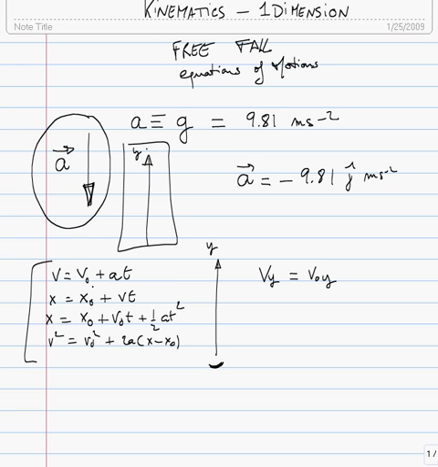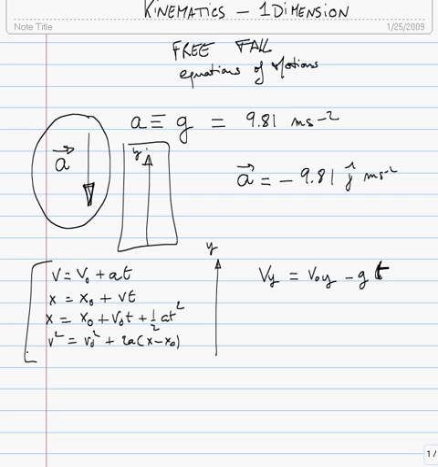Whenever I see a, since I'm using a coordinate system being positive going up and my acceleration is going down, therefore opposite to my coordinate system, I will replace it by minus g, and then t. So again, this version is only consistent with a coordinate system going positive up.